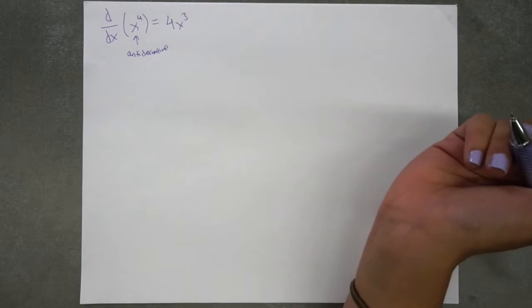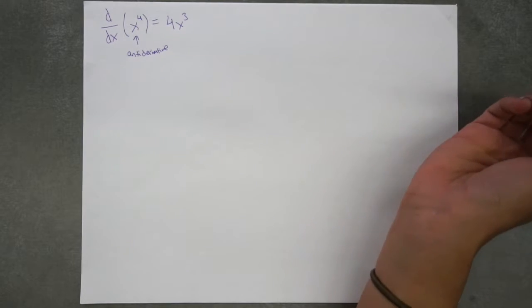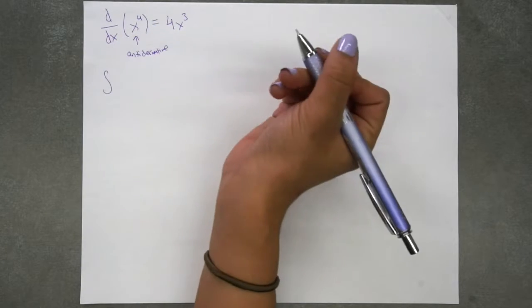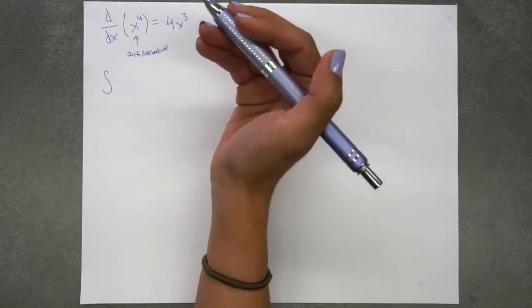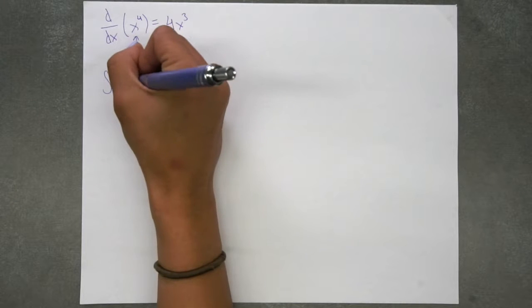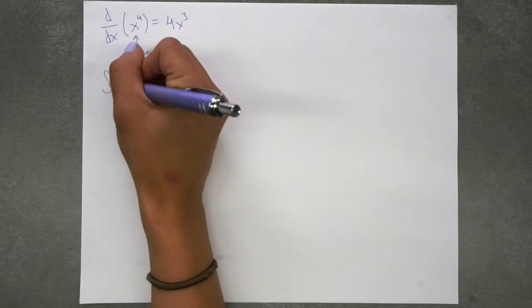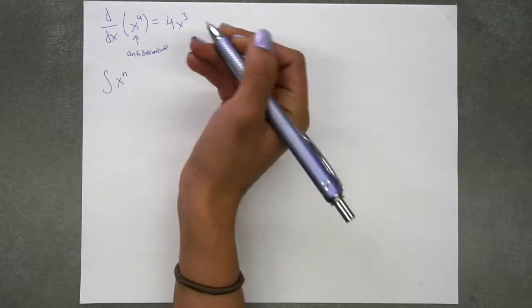So when we're trying to take antiderivatives of functions to some power, we pretty much do the opposite of when we're taking derivatives. So the rule we use is this. The integral sign is this little s-y thing.